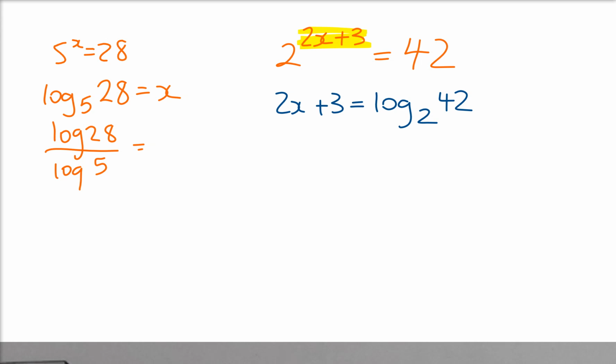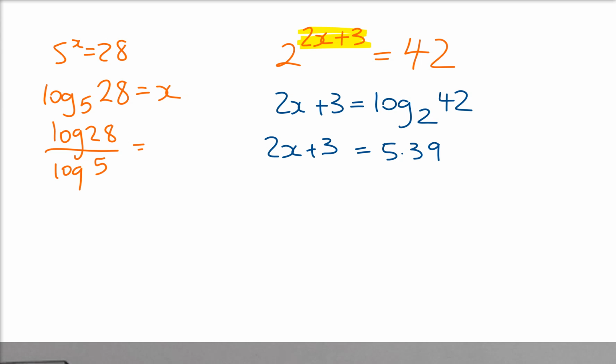Happy with that? Now log of 42 to the base 2, that's just a number. What number does that happen to be? 5.36? Is that what I did? 5.39, sorry. Okay, so 5.39. So now this is just 2x plus 3 equals 5.39. That's just a linear equation. How do you solve that one?